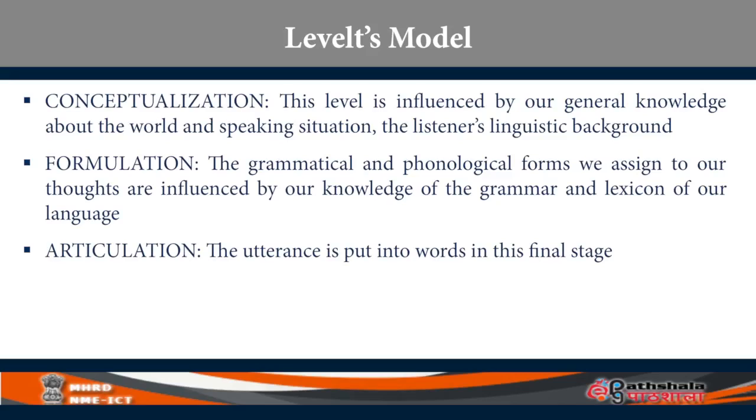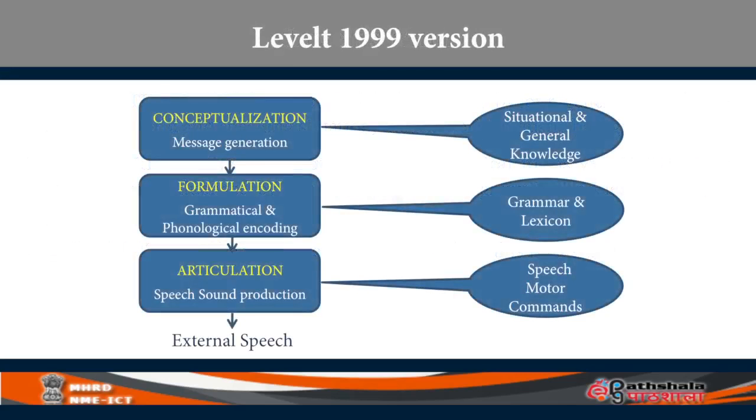We also know how to pitch our lecture, for instance. We take into consideration the audience, what they know, what language, can I use two languages, can I mix two languages or should I not mix. This kind of information influences our conceptualization, the highest level of message planning. Then formulation.